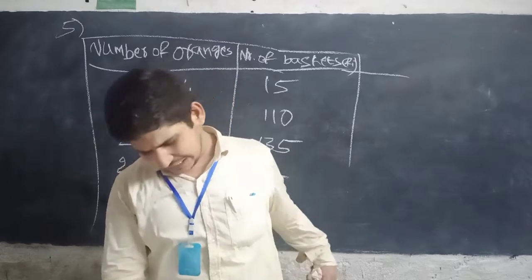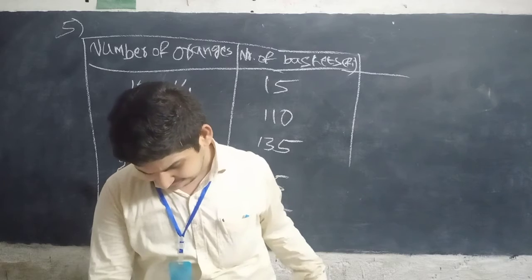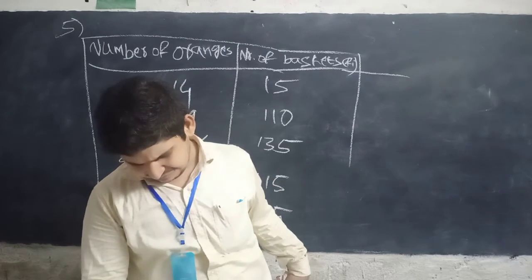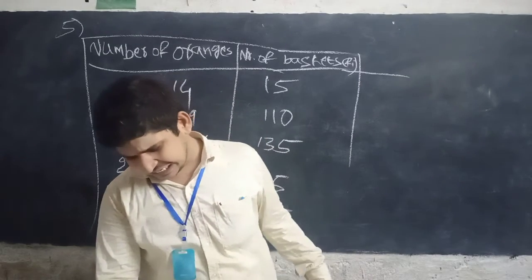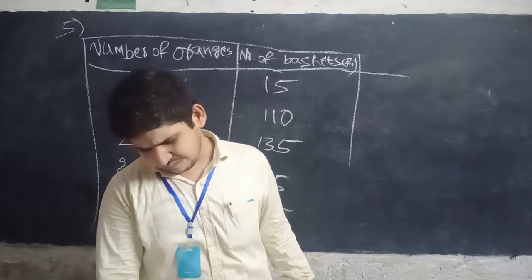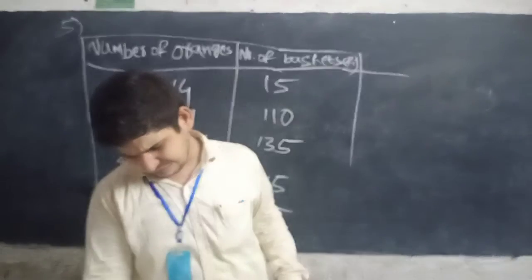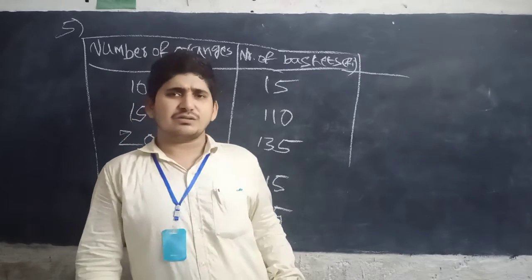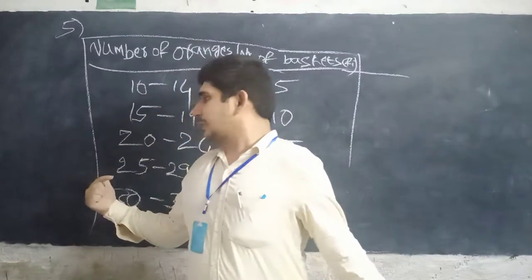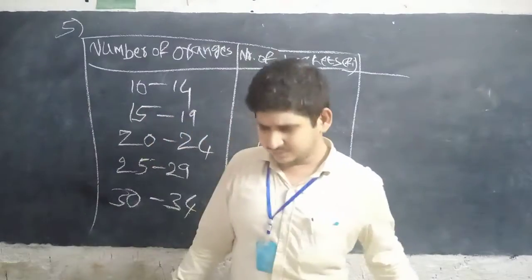That is nothing but a weighing definition. Find the mean number of oranges kept in each basket. Which method of finding the mean did you choose? We choose assumed mean method.